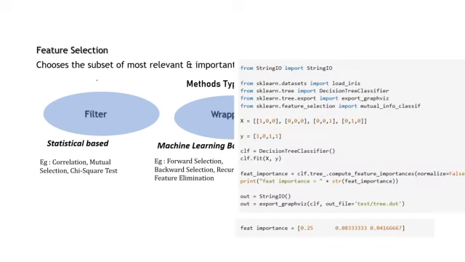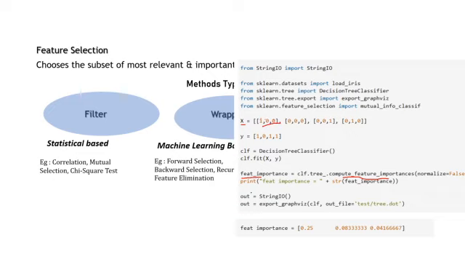So this is an example I have taken from Stack Overflow. If you look at this, it uses a decision tree classifier and it uses the feature importance computation. So this line basically is your model, and these are the features. There are 3 features and 4 examples, as you can see here.